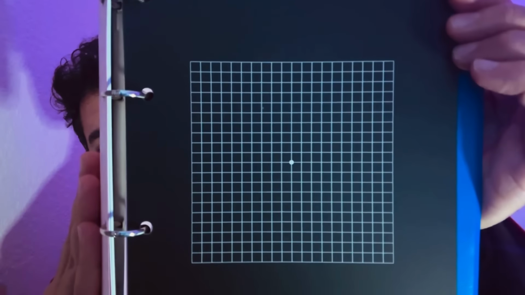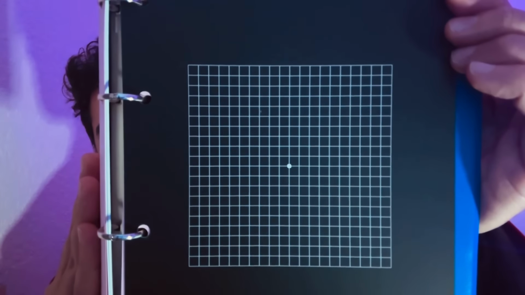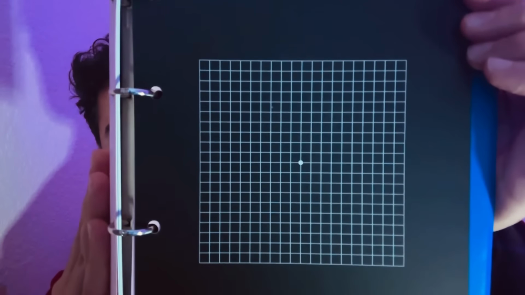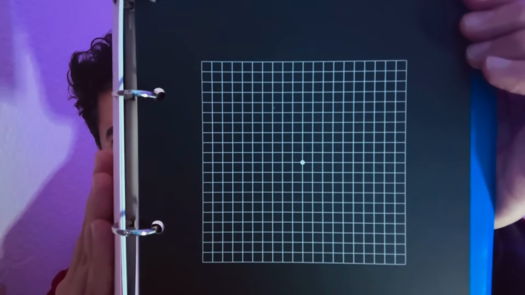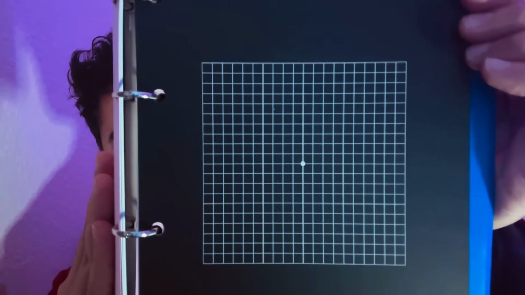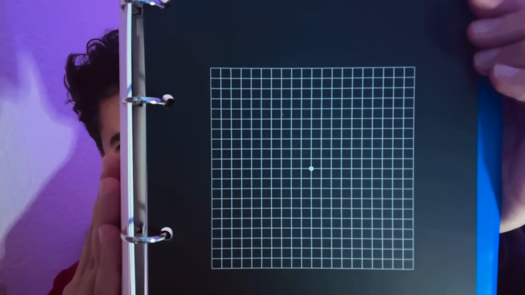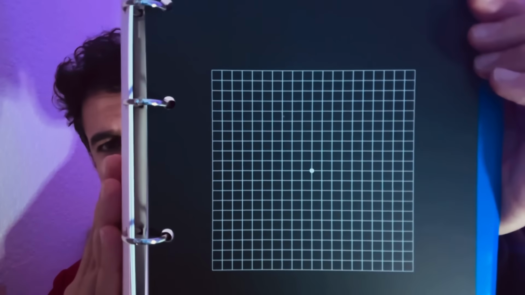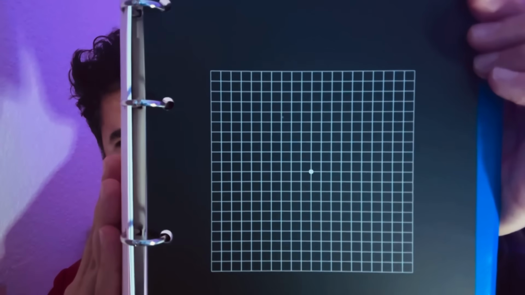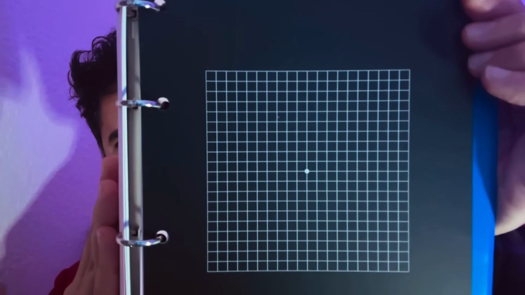Okay, now as you're looking at the white spot, are there any distortions to the lines? Can you see all 4 corners of the grid? Are there any missing parts on the grid?